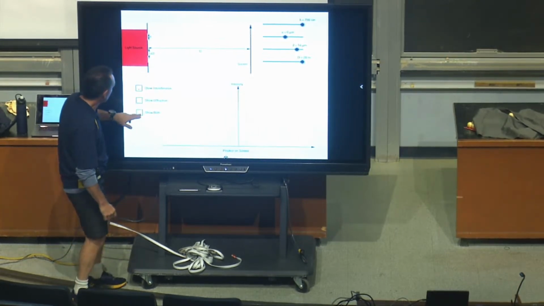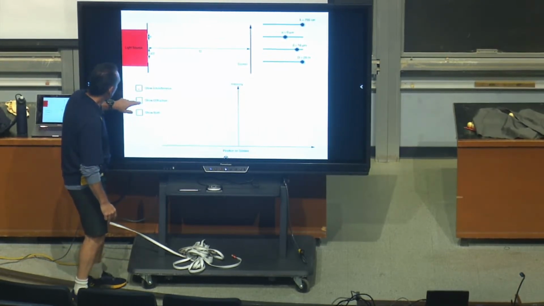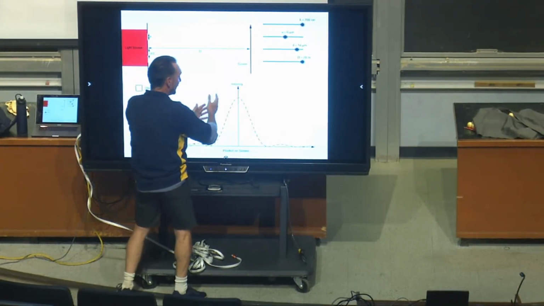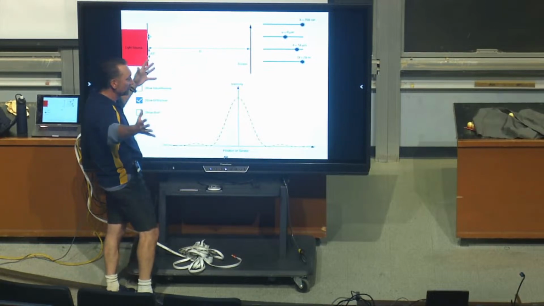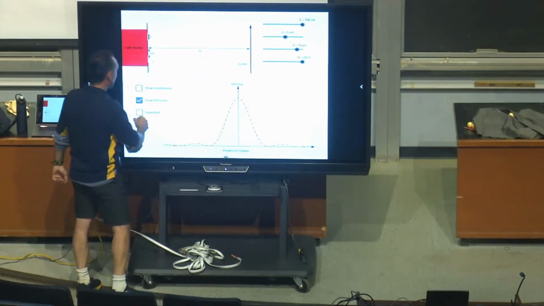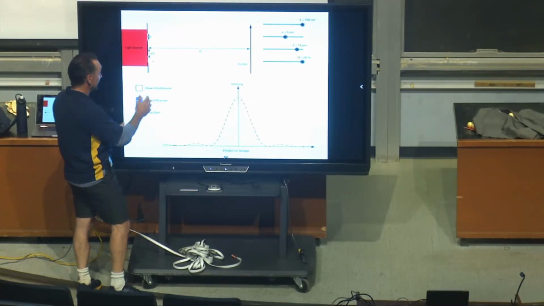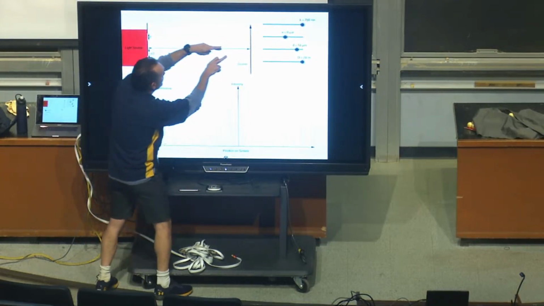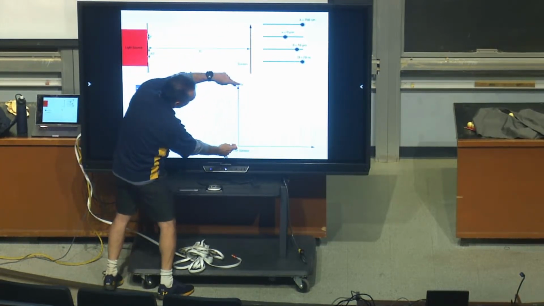If I want to show just the diffraction, there we go. If I just had it spreading out, I would see bright and then dim. The interference is a wave coming from this hole, and this is the intensity on the screen.